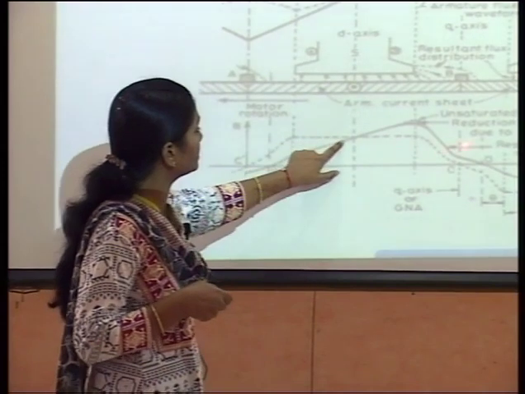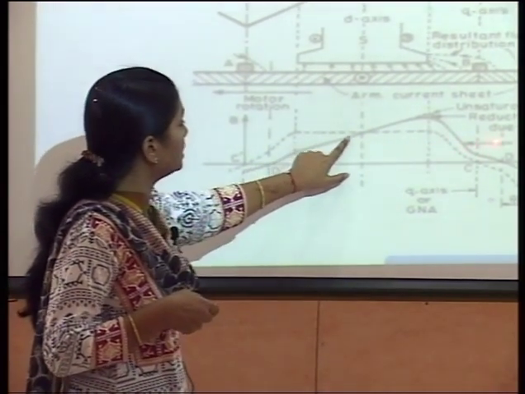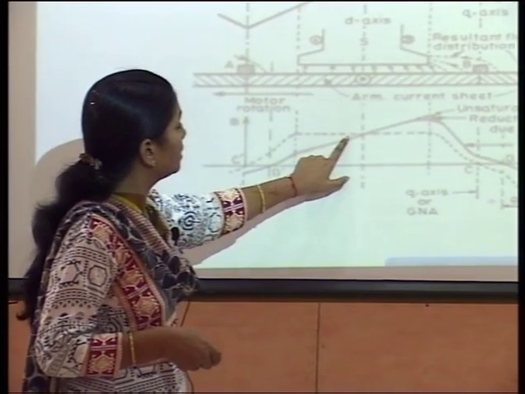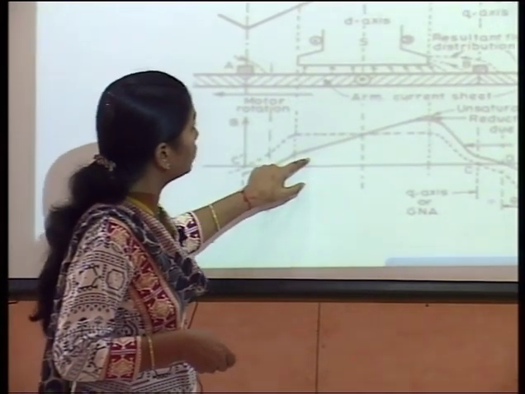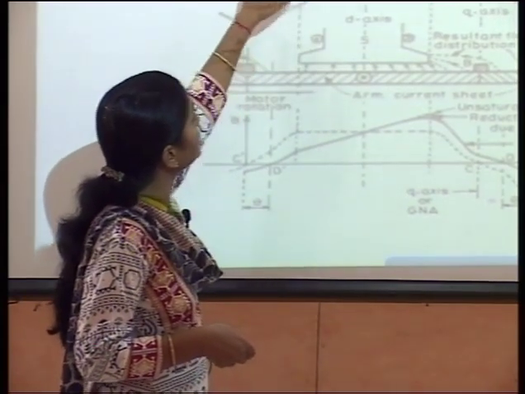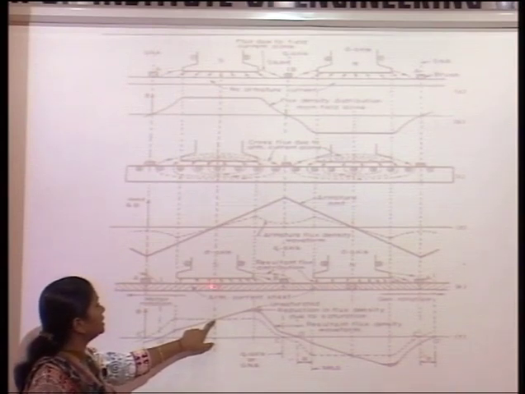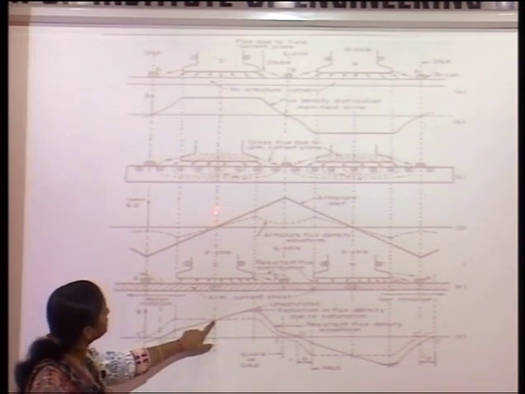It is the field flux and it is the resultant flux. So, the resultant flux is less than the original field flux, because the armature flux is just opposite to the field flux. Then at the pole center, the armature flux is 0. So, at the pole center it will cross the original field flux.